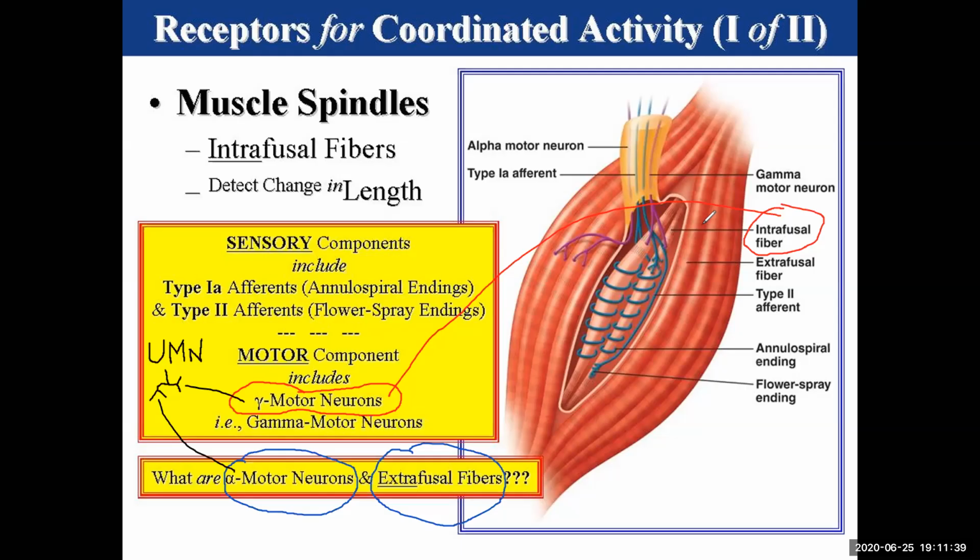Right? So what's going to happen is when the extrafusal fiber contracts, the alpha motor neurons propagate action potential faster than the gamma motor neurons, because the axons of the alpha motor neurons are larger in diameter and in terms of myelination also.